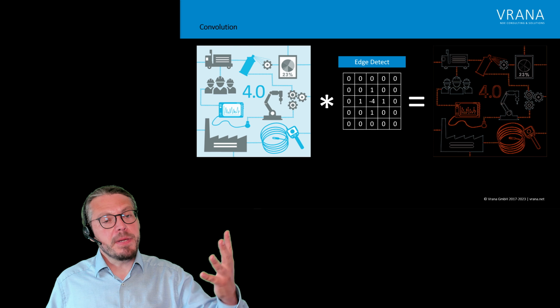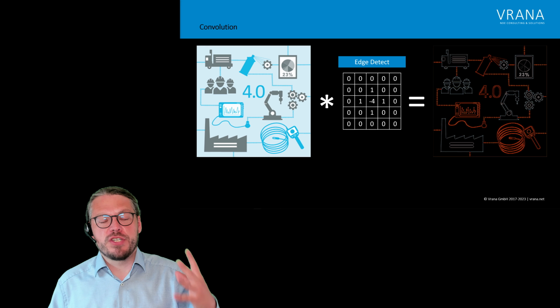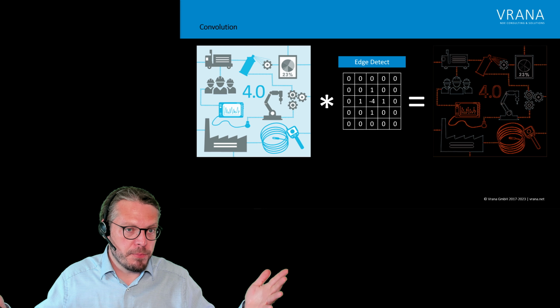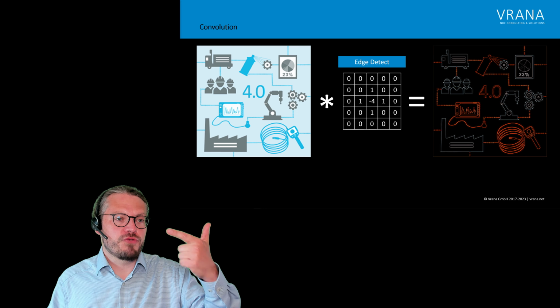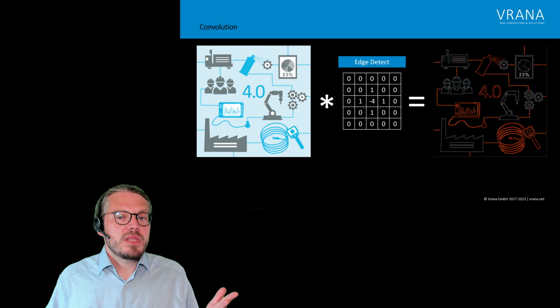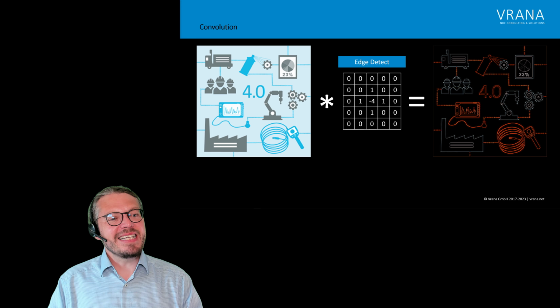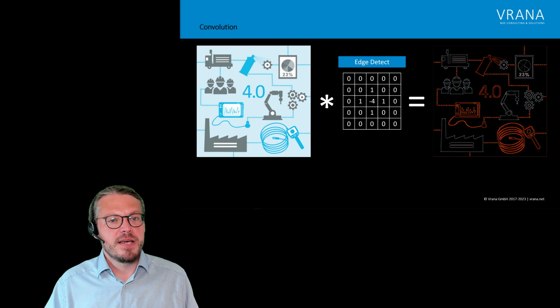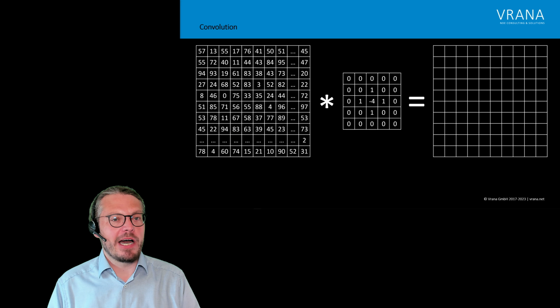Now, an image, for a computer, an image is not an image. For a computer, an image is an array of numbers. Actually, it's 3 numbers for each pixel, red, green, and blue, but let's keep it simple and let's say there is 1 number for each pixel. So that's our image.